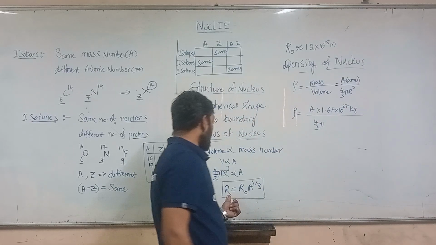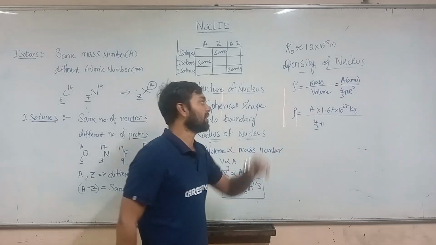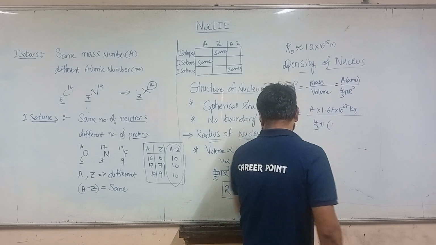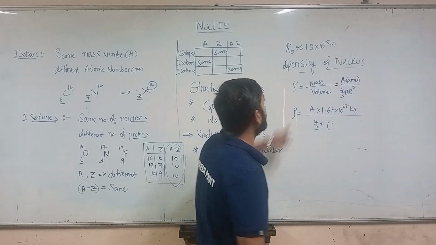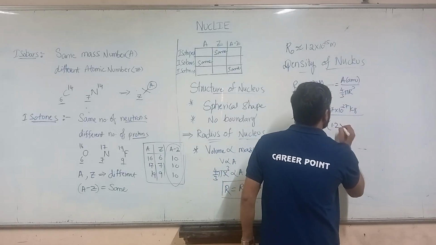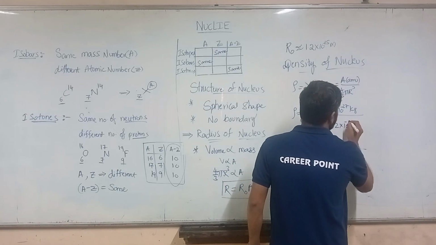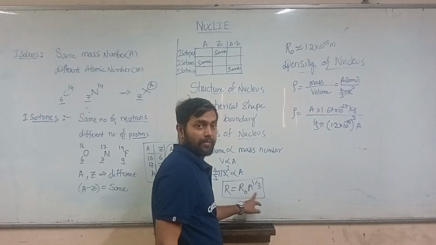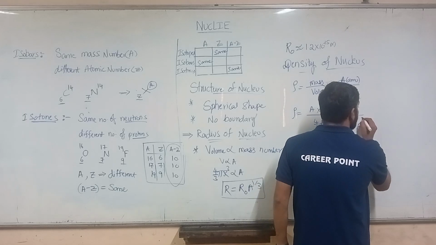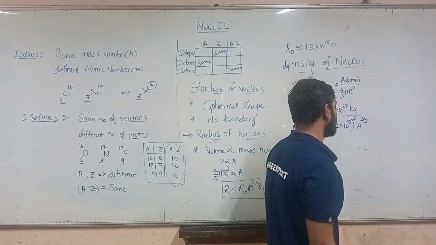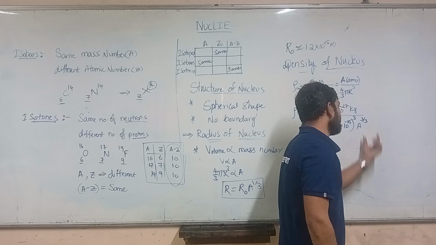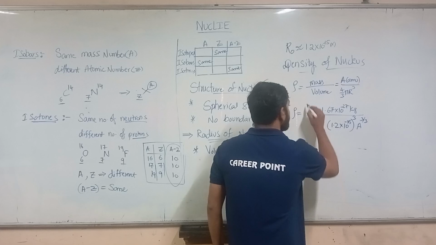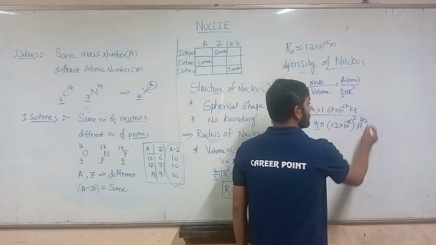Here we are having r, right? This r we have to substitute there. So this value will be equal to r naught, and r naught value we have to take as 1.2 into 10 to the power minus 15, whole cube, and into A to the power 1 by 3. So A to the power 1 by 3 has to be multiplied 3 times. So for that reason we are going to get A here. So this A and this A will get cancelled, right?